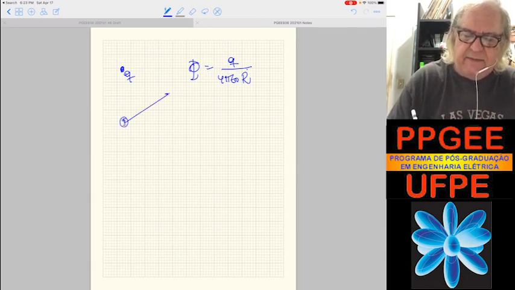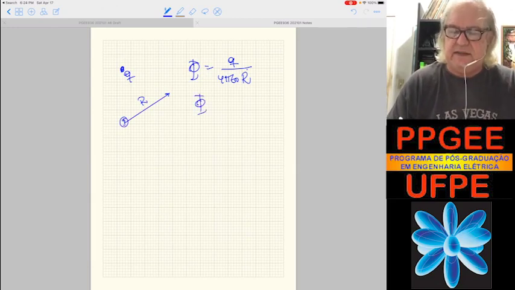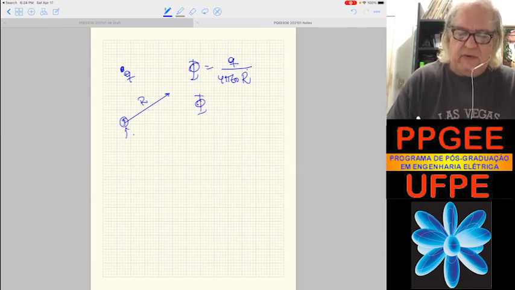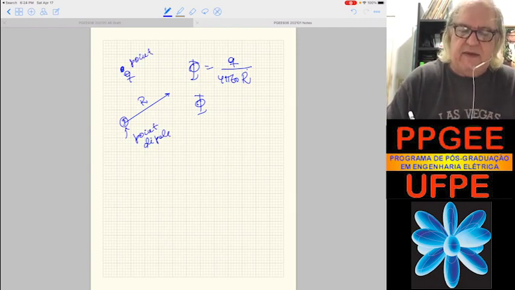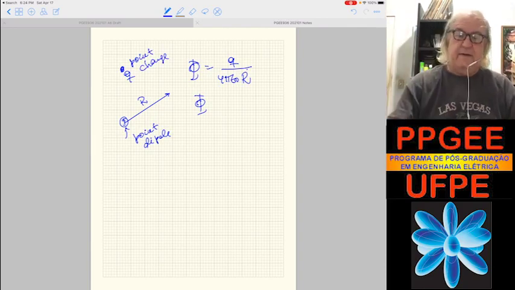Very far away. The question is this: how does the potential depend on this point dipole? Instead of a point charge, we know the behavior. So far away from a point dipole, what's the behavior?